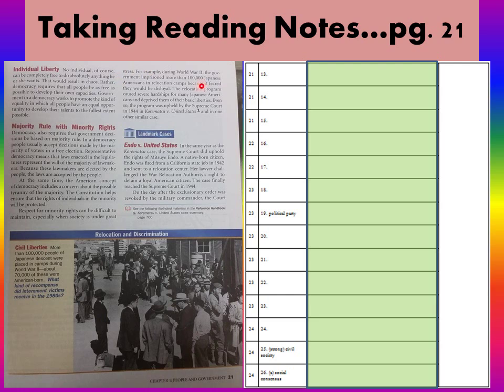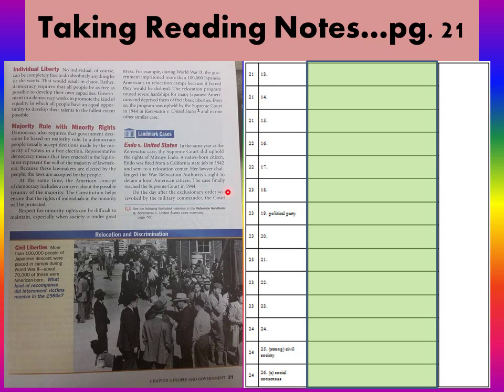For example, during World War II, the government imprisoned more than 100,000 Japanese Americans in relocation camps because it feared they would be disloyal. The relocation program caused severe hardships for many Japanese Americans and deprived them of their basic liberties. Even so, the program was upheld by the Supreme Court in 1944 in Korematsu versus the United States and in one other similar case.